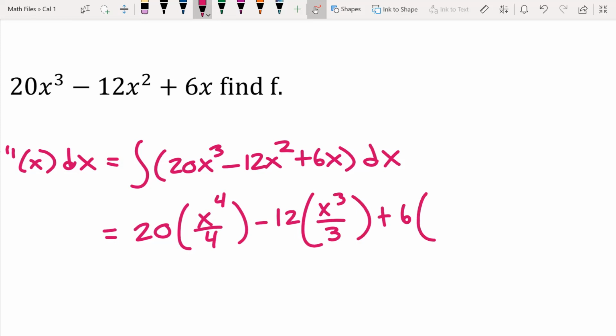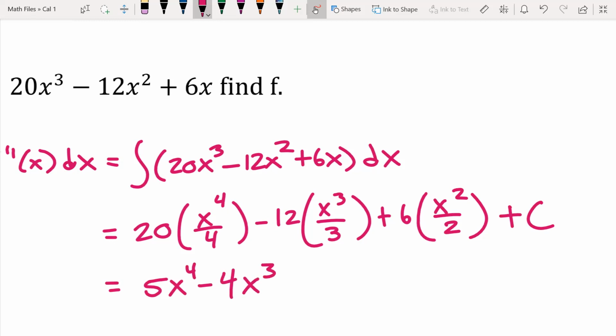What's the antiderivative of x? x squared over 2. There you go. And then why not tack on the c for good habit, and let's clean up. We're going to get 5x to the 4th minus 4x cubed plus 3x squared plus c.